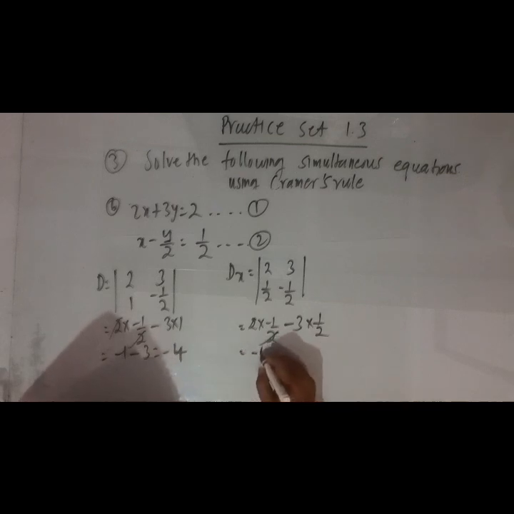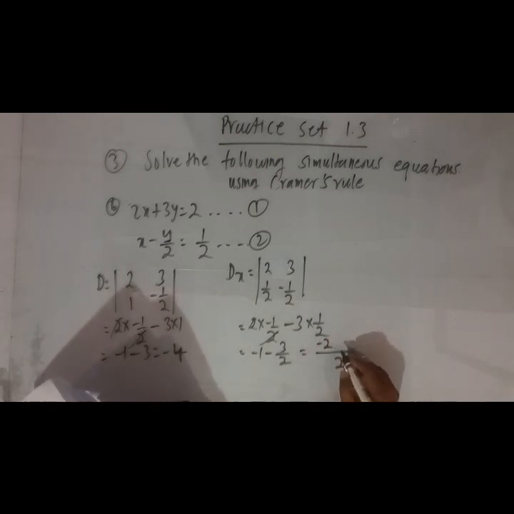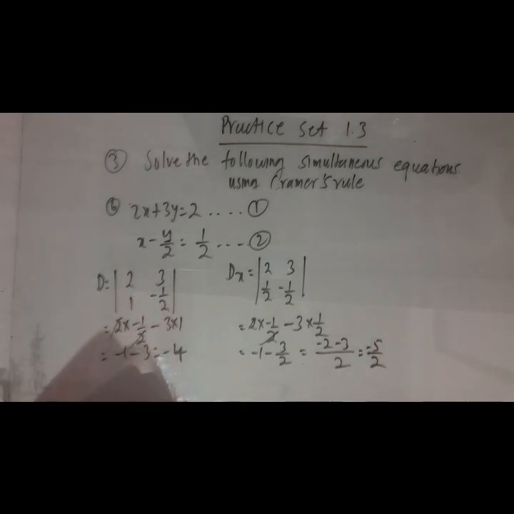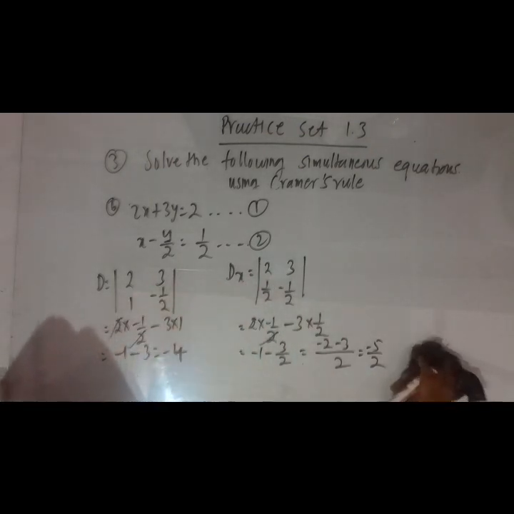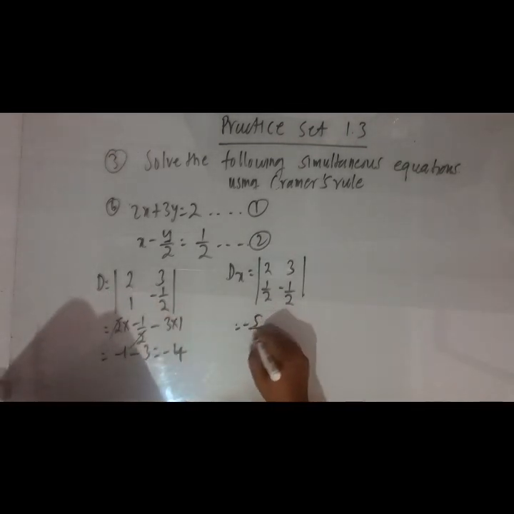So this is minus 1 minus 9 by 2. Take LCM 2, so this is minus 2 minus 9 upon 2. So your dx value is minus 5 upon 2.